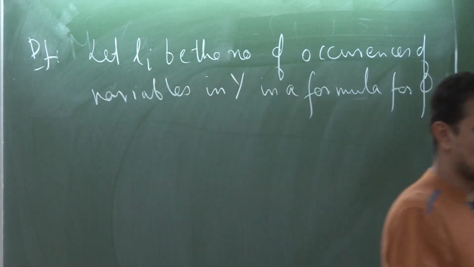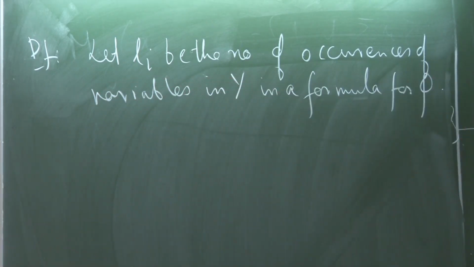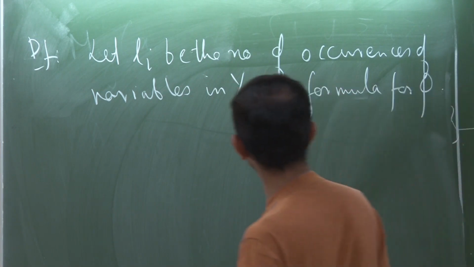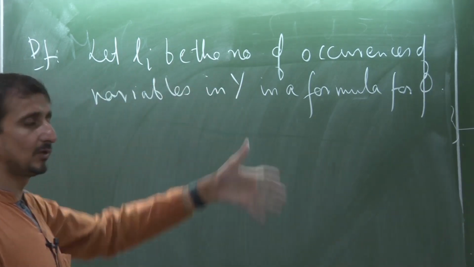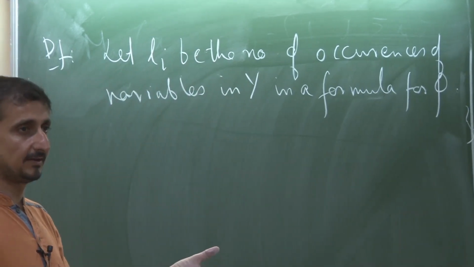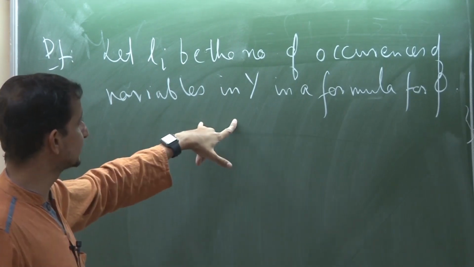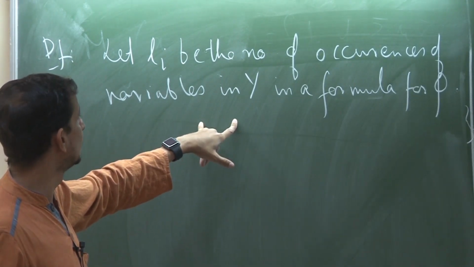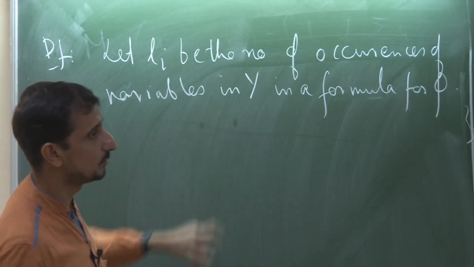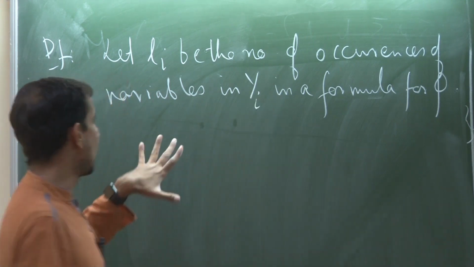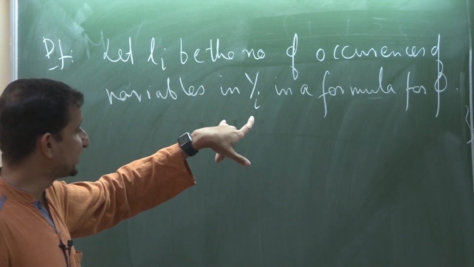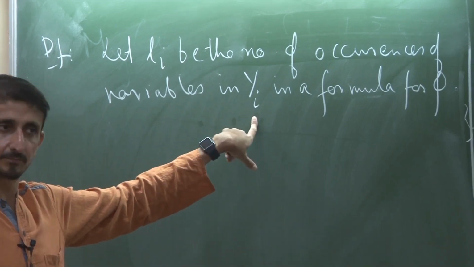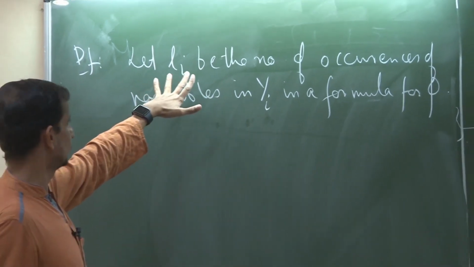So, consider a formula for phi, any formula, and let Li be the number of occurrences of variables. Now, the variables of any formula are always the leaves, right. So, I am only looking at those leaves which are the variables from the set yi, okay. And I am going to count this Li.